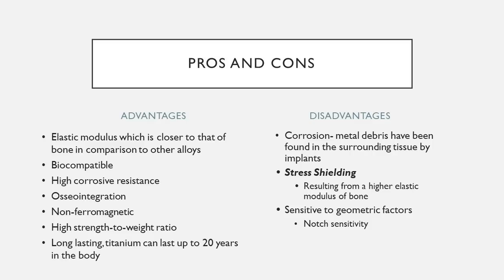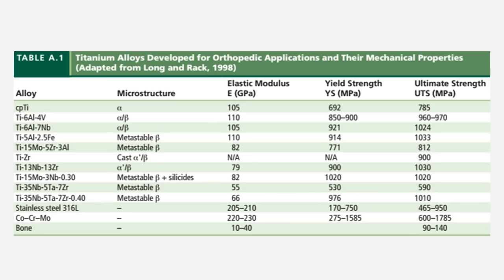And then the last disadvantage is that it's particularly sensitive to some geometric factors unless you have a really nice solid implant without any other notches. So this is a term called notch sensitivity, where you have protrusions or odd angles sticking out. It's particularly sensitive and weakened in those particular areas of notches in comparison to other alloys.